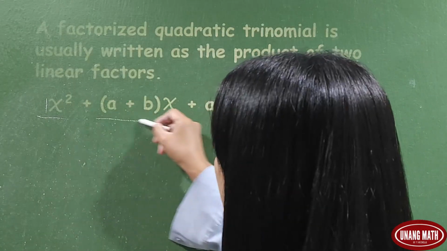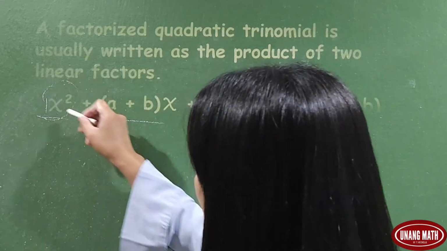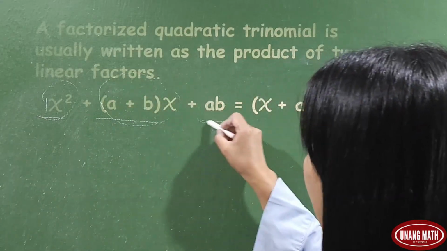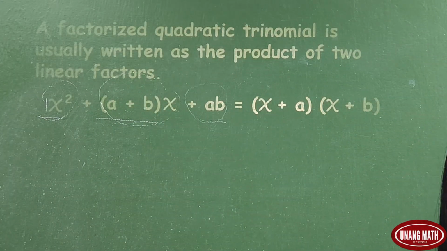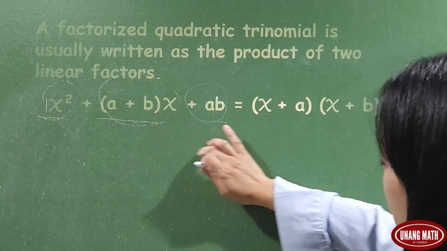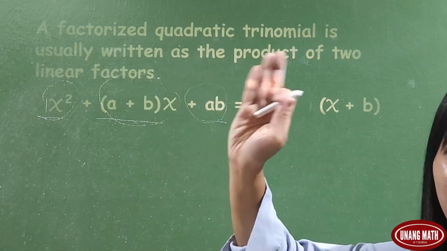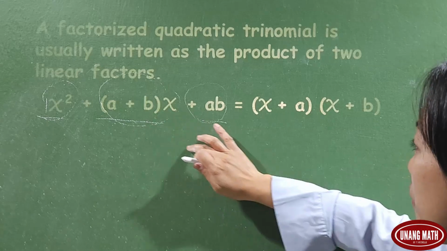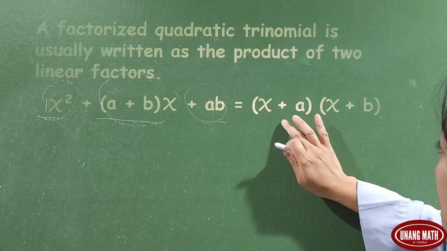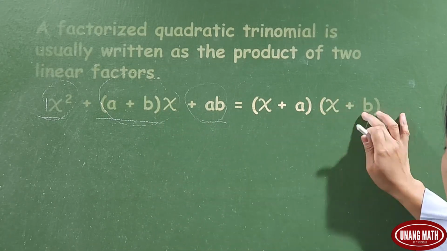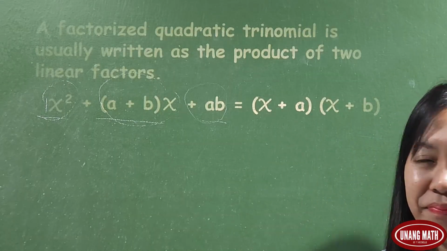So this is the trinomial. This is our first term, second term, and this is our third term. If we are going to factor this out, take note, this is not a perfect square trinomial. It would be (x plus a) times (x plus b).